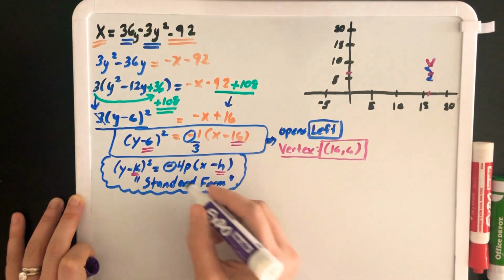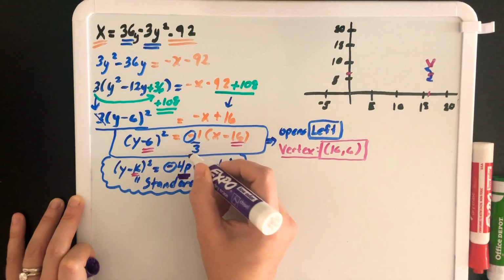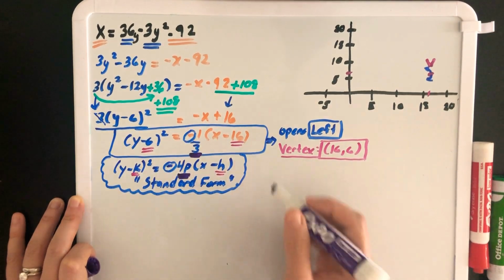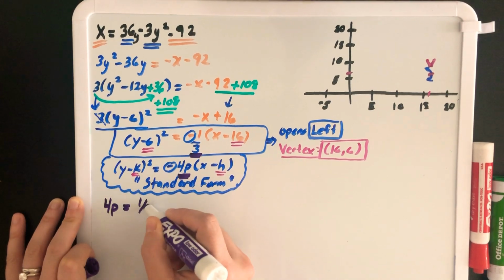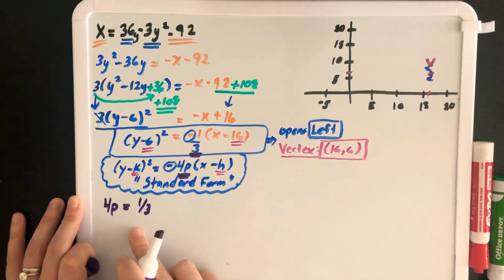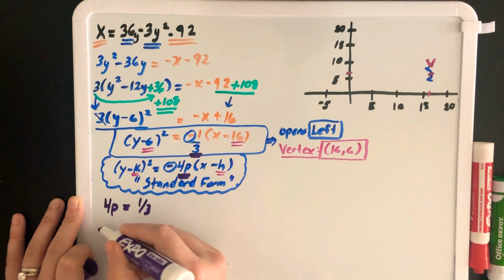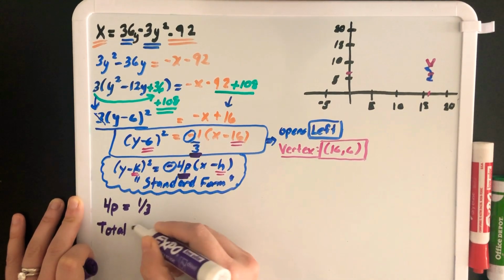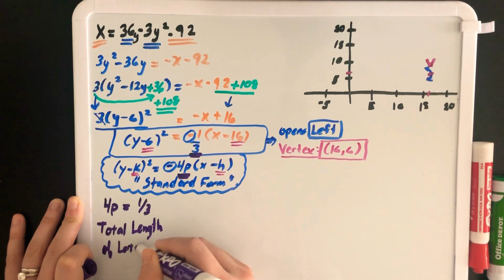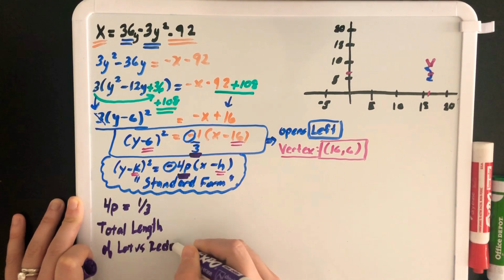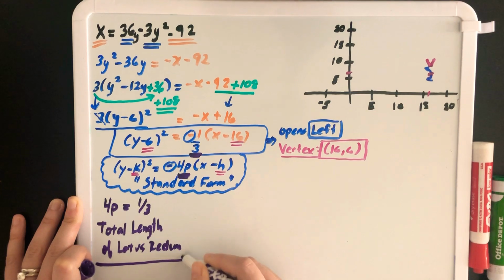So we need p, but we notice that 4p is seen here in the model as 1/3. So we use the fact that 4p equals 1/3. That also happens to be the total length of your latus rectum. We'll keep that in mind if we want to get a couple of other points later on.